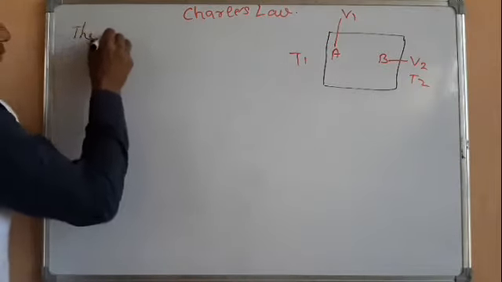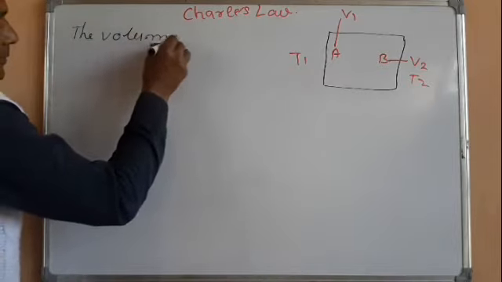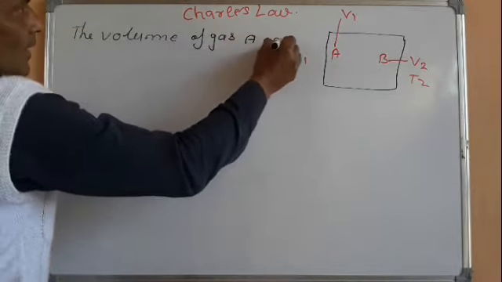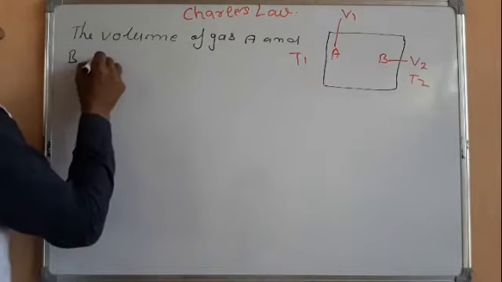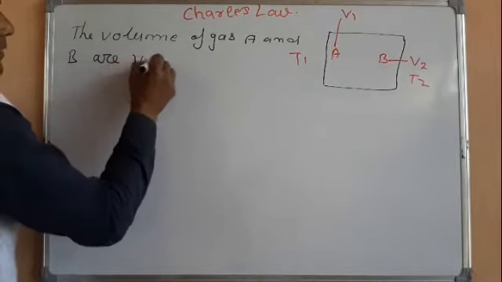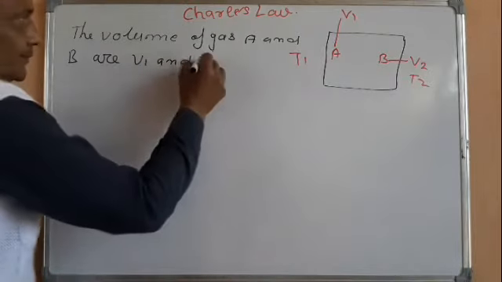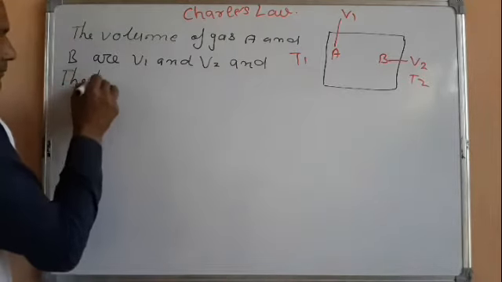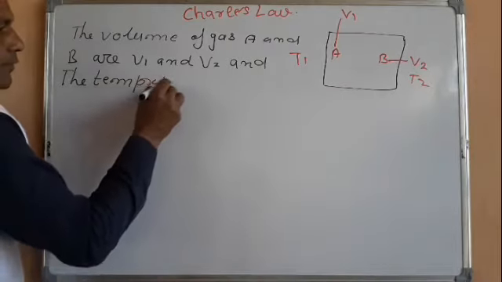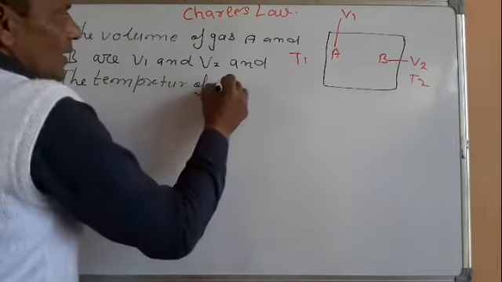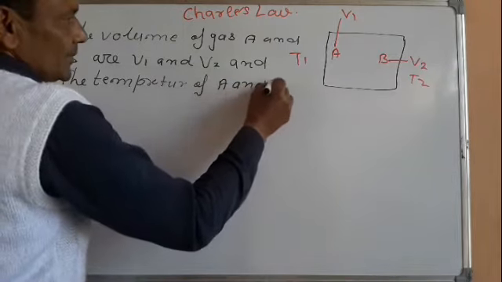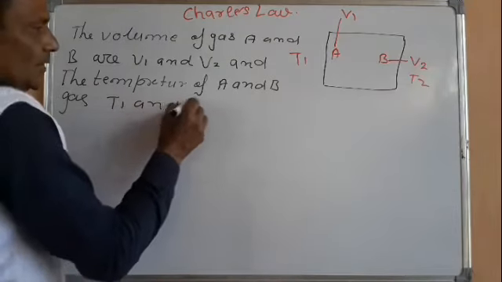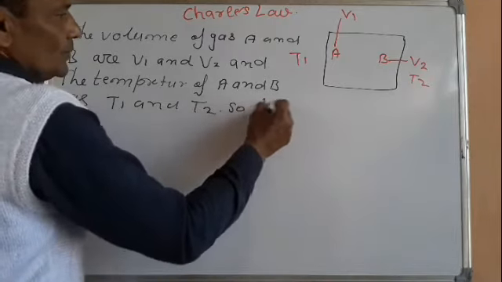The volume of gas A and B are V1 and V2 respectively, and the temperature of A and B gas are T1 and T2.